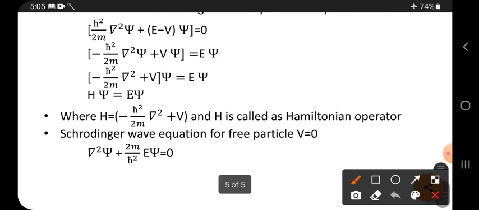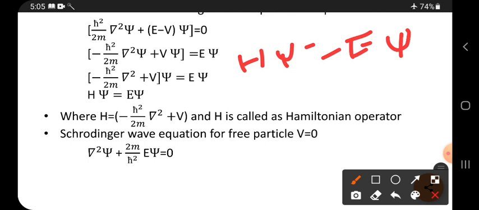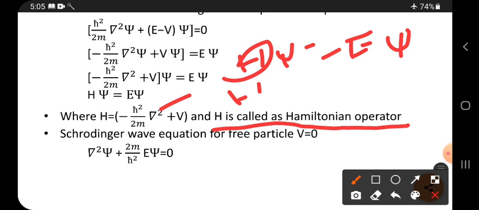H psi is equal to E psi, where H is this expression in the place of H. This H is called the Hamiltonian operator. So it is another form of the Schrodinger time independent equation.